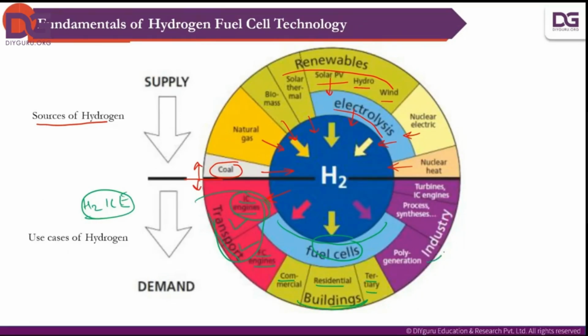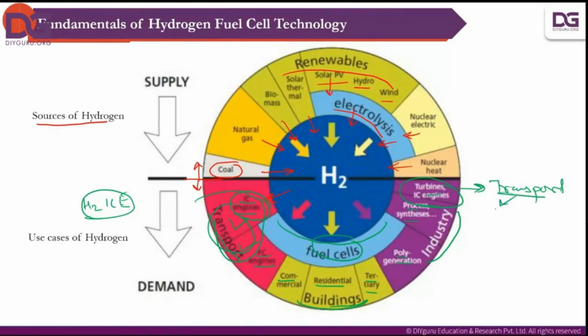Next, in industry, how can hydrogen be used? From the fuel cell in polygeneration, in the process of synthesis, in the turbine, and IC engine again. This is not transport, but it is also linked with the engine part.